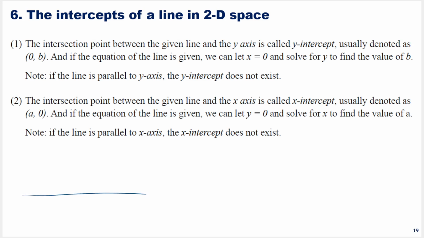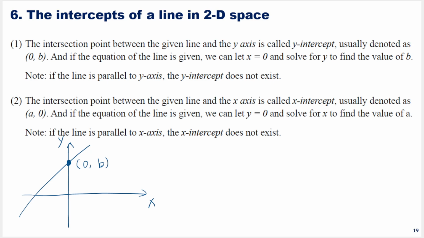For example, if we have a line like this, then according to the definition, the point of intersection between that line and the y-axis, which is here, this point, has coordinates (0, b), because the x-coordinate of that point must be 0, right? So this point is called the y-intercept. So actually the y-intercept is a point, right?